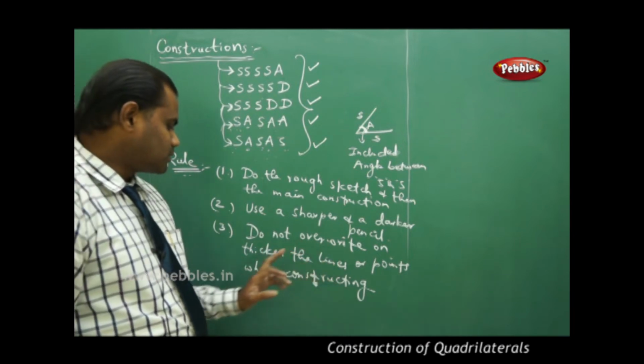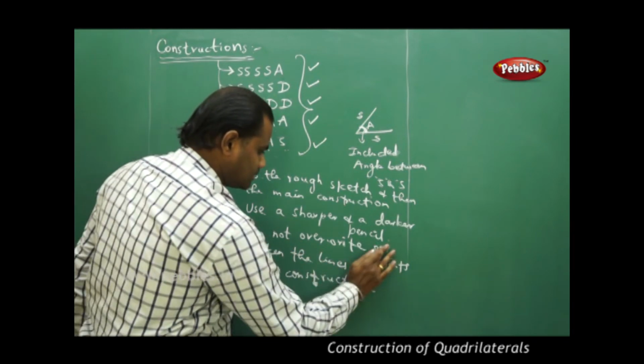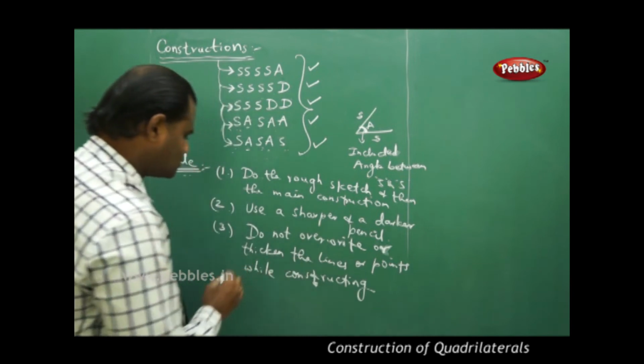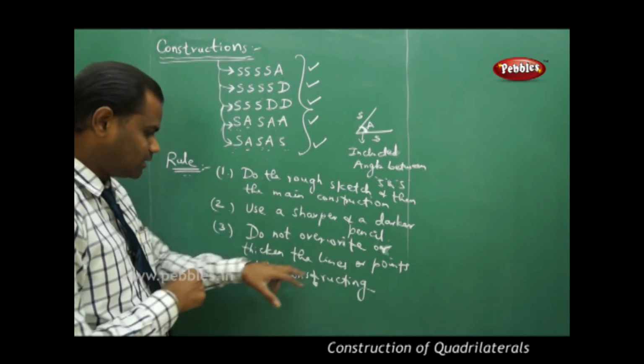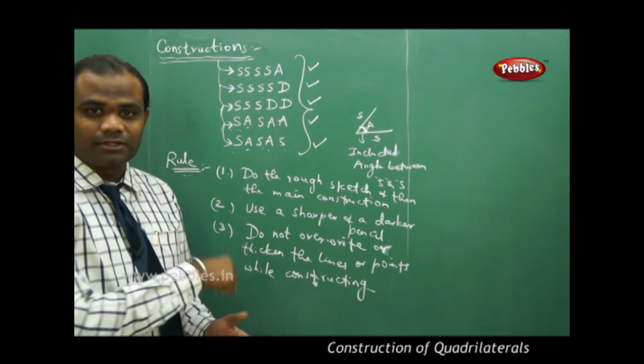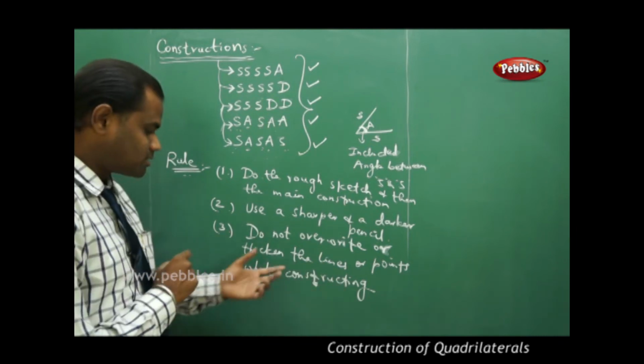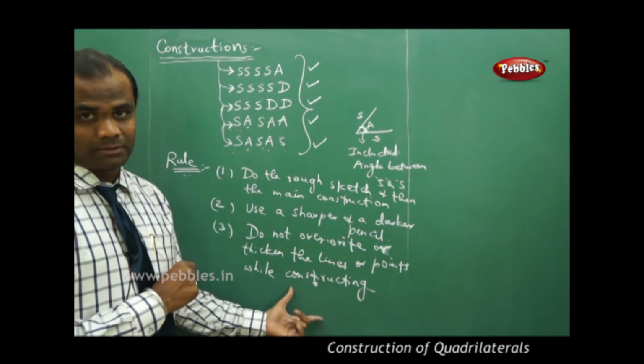Do not make them thick by just drawing 3 to 4 times, and then the whole of the construction goes deviating with accuracy. This is strictly done for maintaining the accuracy.